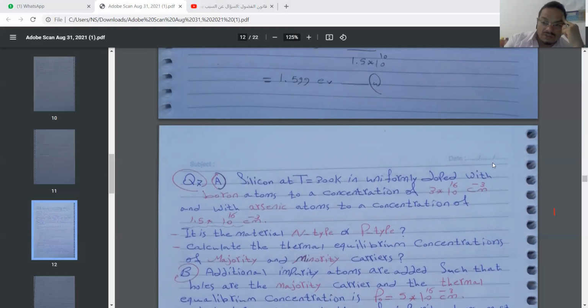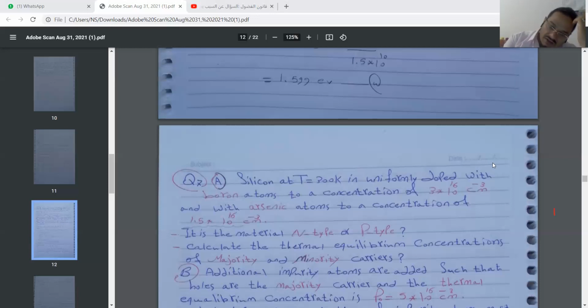Calculate the thermal equilibrium concentration of majority and minority carriers. We know the majority will be P naught in P-type, and N naught will be the minority in P-type doping. It is different when we're dealing with N-type, because in N-type N naught is the majority and P naught is the minority carrier concentration.